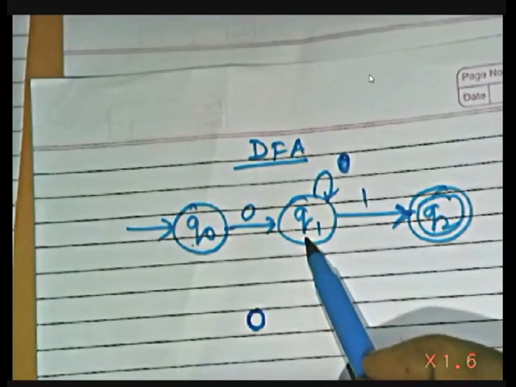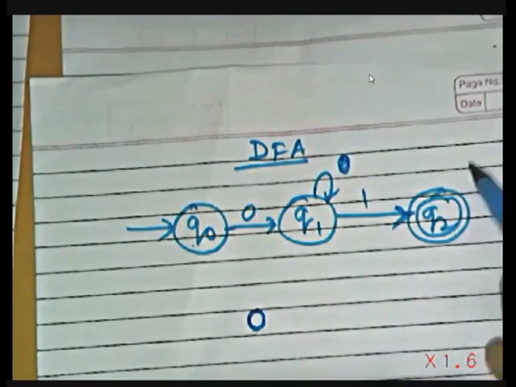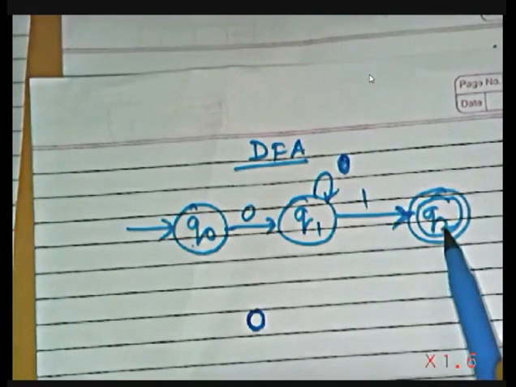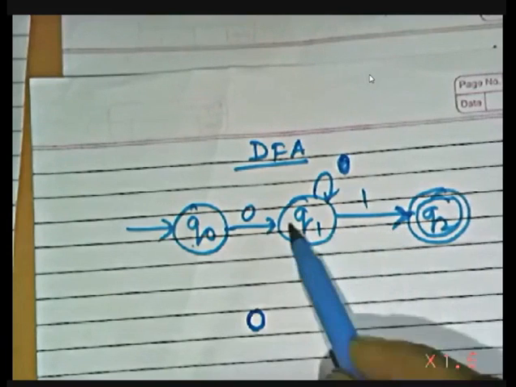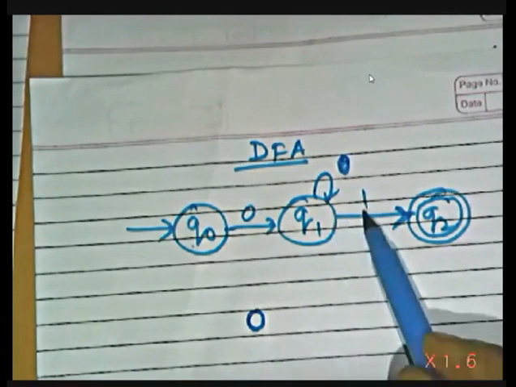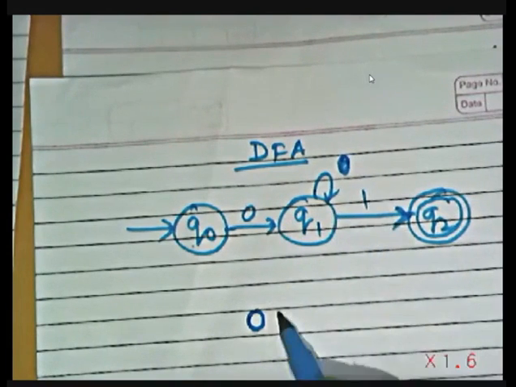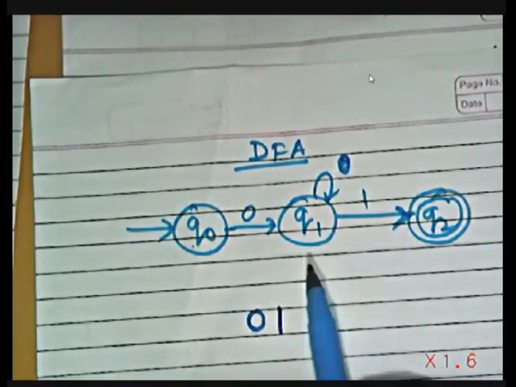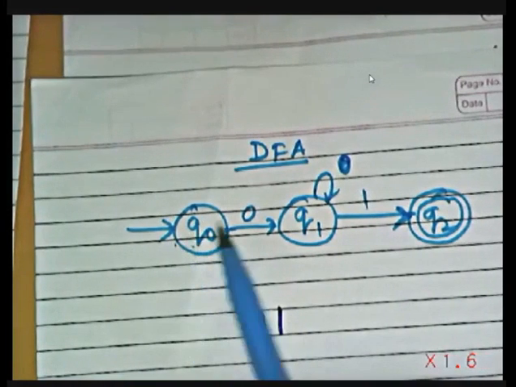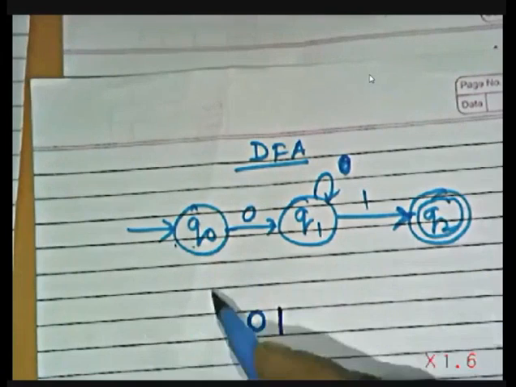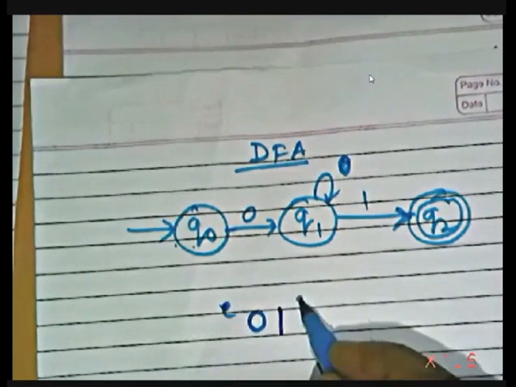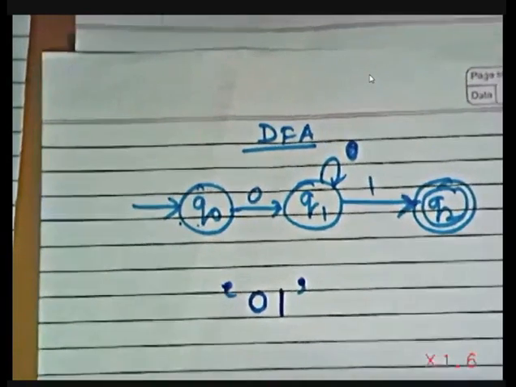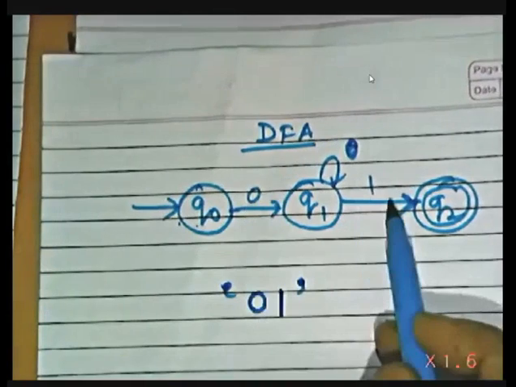But if I want to reach the final state, what is a must? The must is, after 0, I must have 1. So if my input is 0, 1, I can reach from the initial state to the final state. So in short, the minimum size string acceptable to this finite automata will be 0, 1.